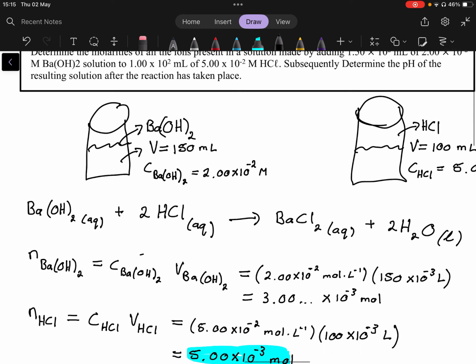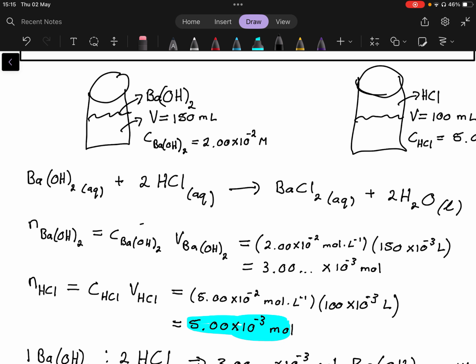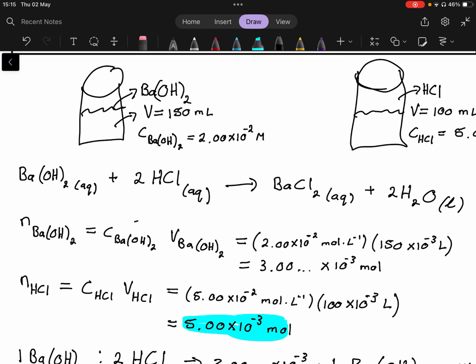Why is that? Well, it's because, of course, your net ionic equation in this reaction is that OH minus plus H plus forms water. That is, in principle, what is happening here.